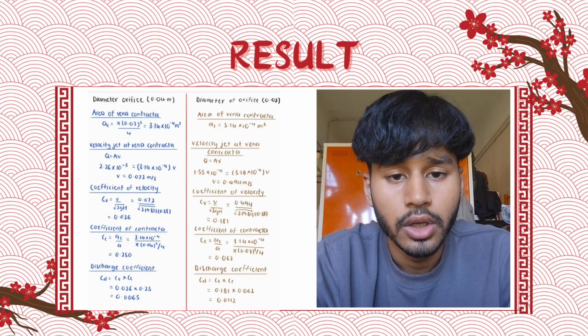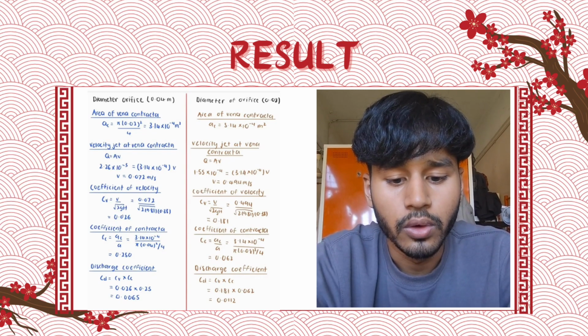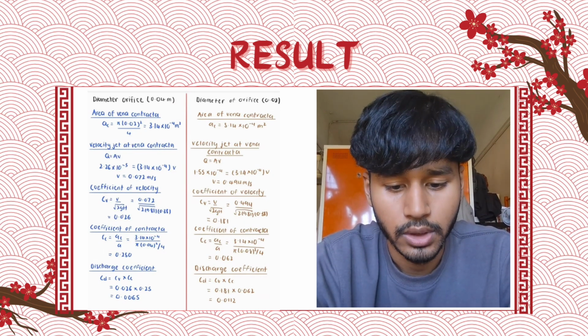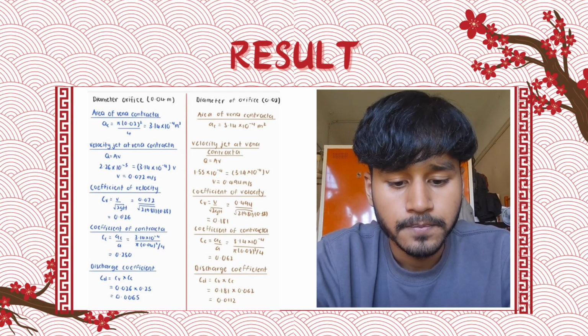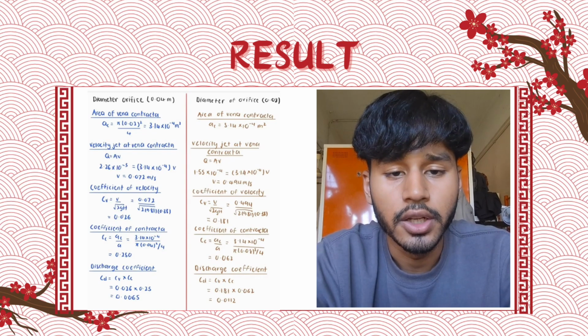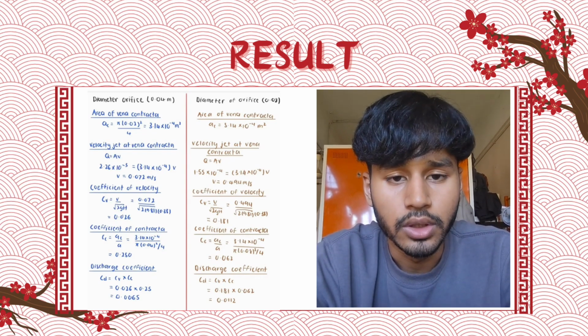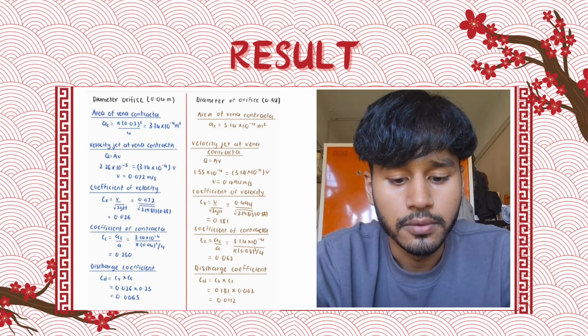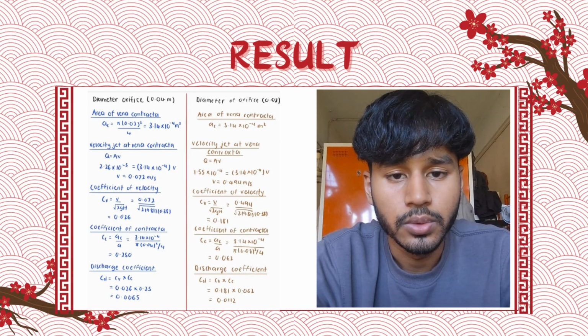For the diameter, we take 0.02 for diameter vena contracta, and then we get 3.14 times 10 to the power of negative 4 meter squared. And then we calculate the velocity of the jet at vena contracta. We use the formula Q equals AV, and then we get V as 0.072 meter per second.